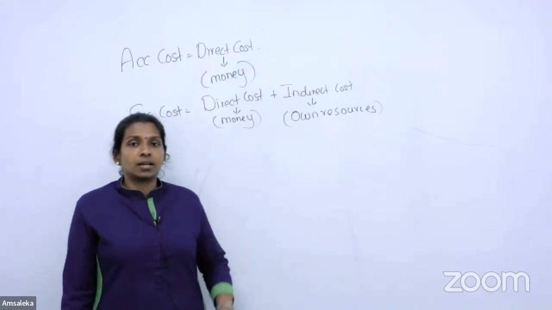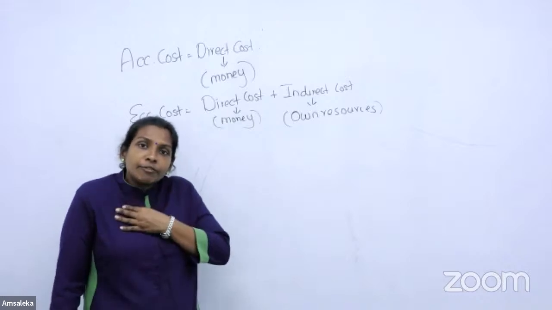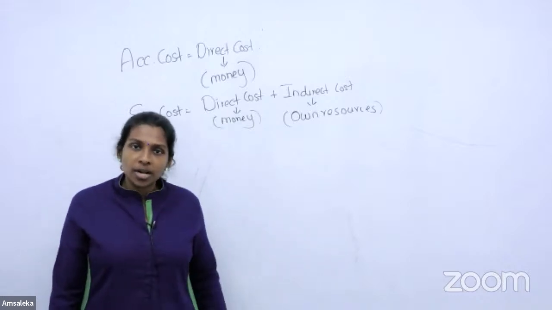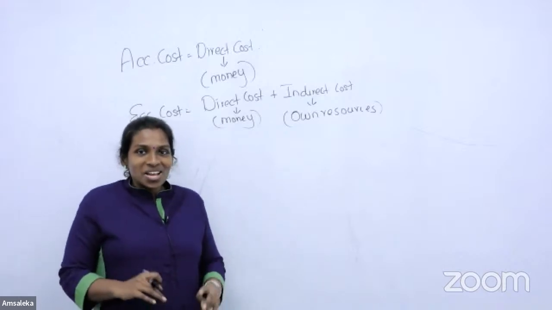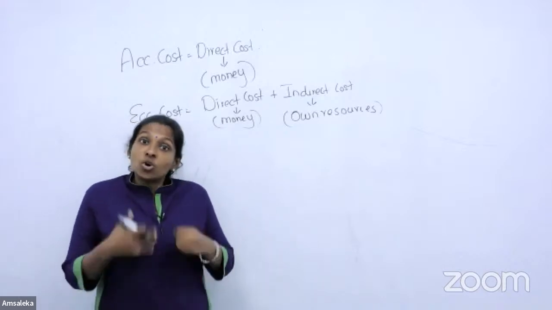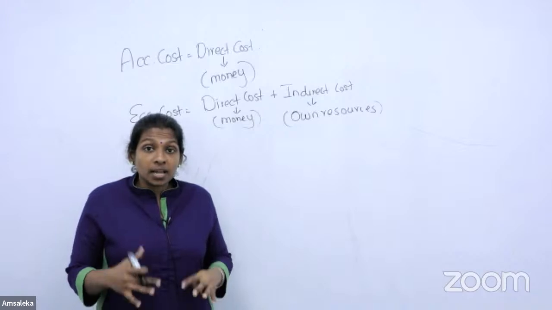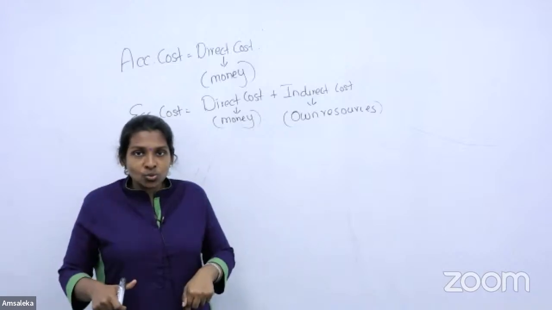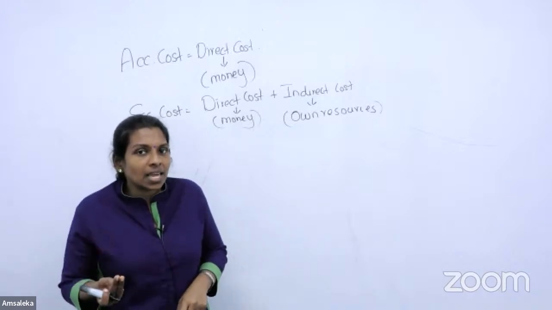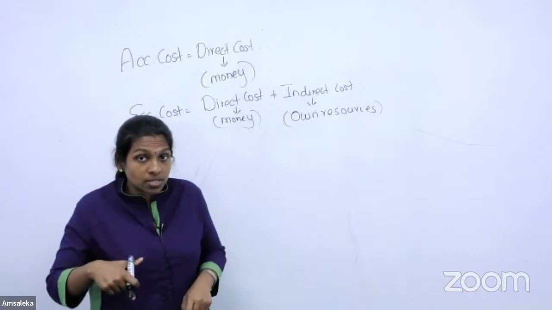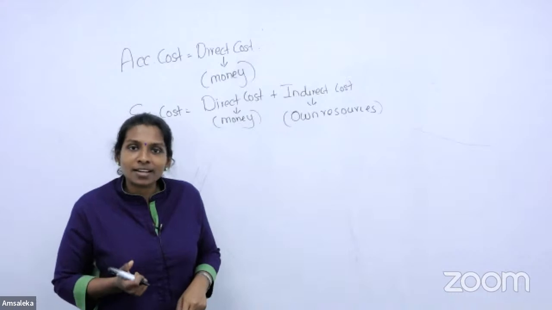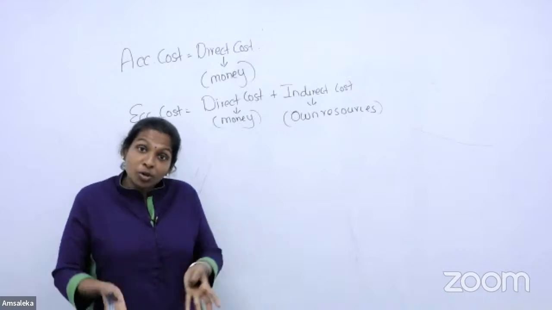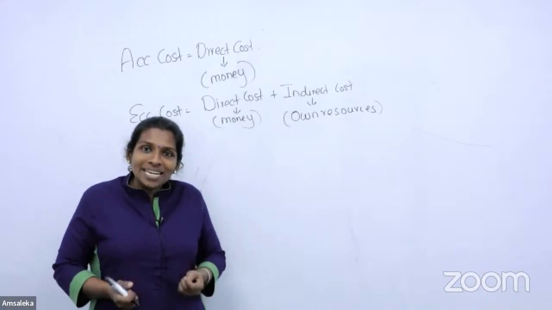Now, if I'm going to do production, assume this is my own building, an assumption only. If I use my own resources, the rent income I could earn, I'm going to sacrifice, because I'm going to do the production in my own building.